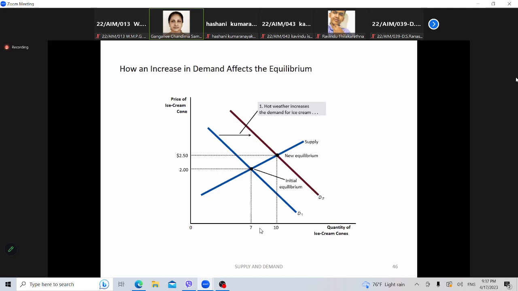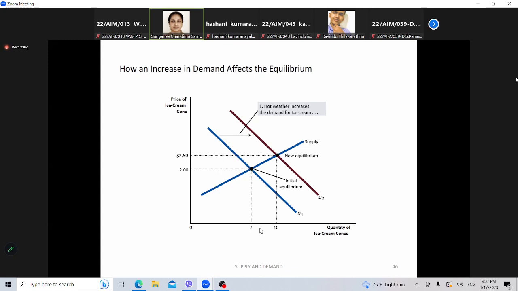Okay. So initial equilibrium is there. New equilibrium comes. Okay, so when you are reading these notes, please draw your notes by yourself. Then you will never forget how you drew this. If you know the concept, you can understand clearly how it works.